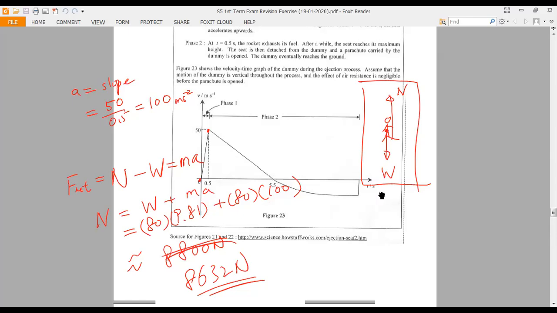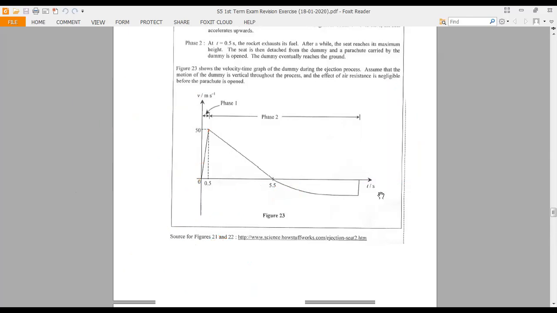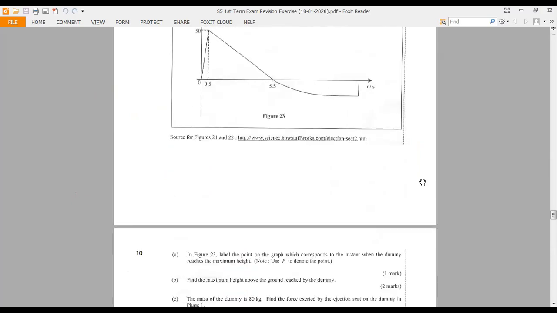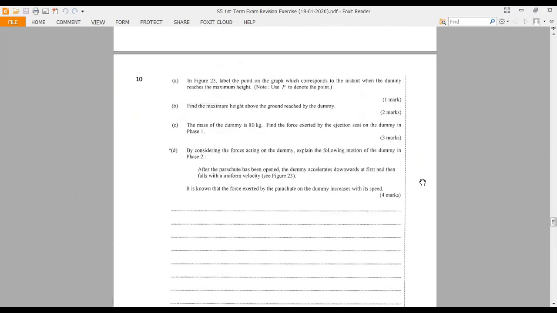It's a bit difficult for part C already, but later on, part D would be even more difficult. So let's have a look at what part D is talking about. It's a 4-mark question with a star, but this star is something from the old syllabus. In the old syllabus, this star means 1 mark for communication.